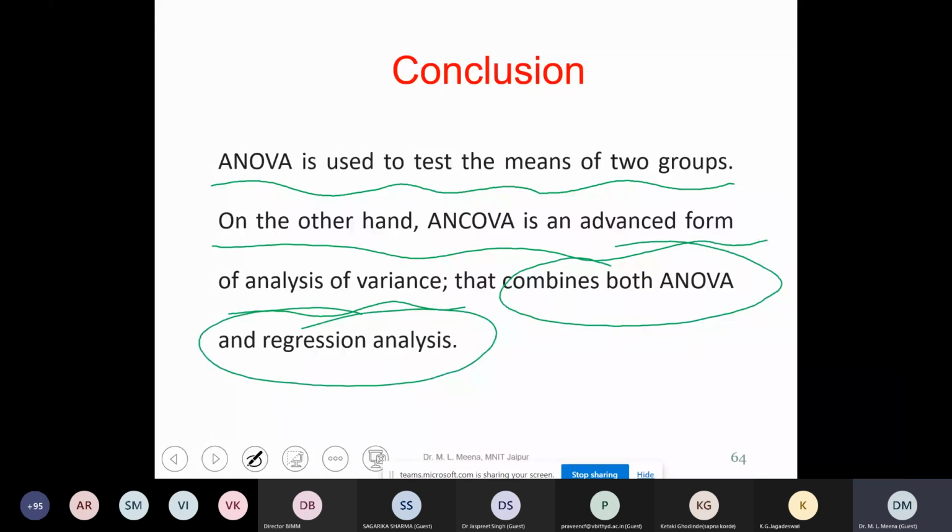Regression analysis will be discussed by another faculty, another expert. So therefore, with the above discussion, you might be clear on the differences between the two statistical techniques.